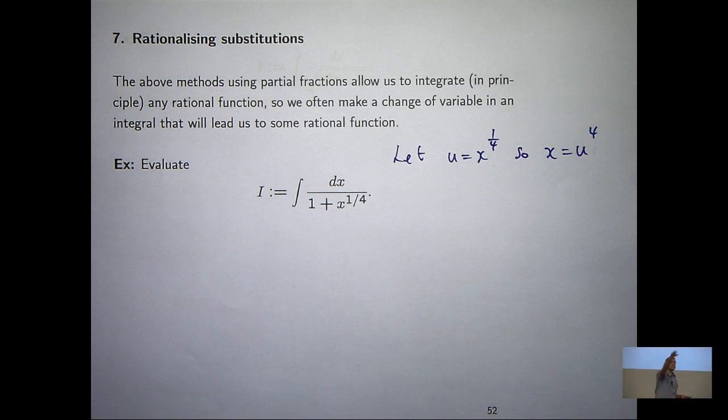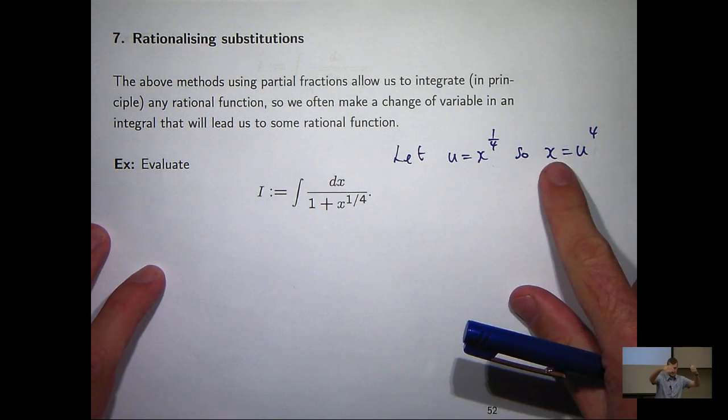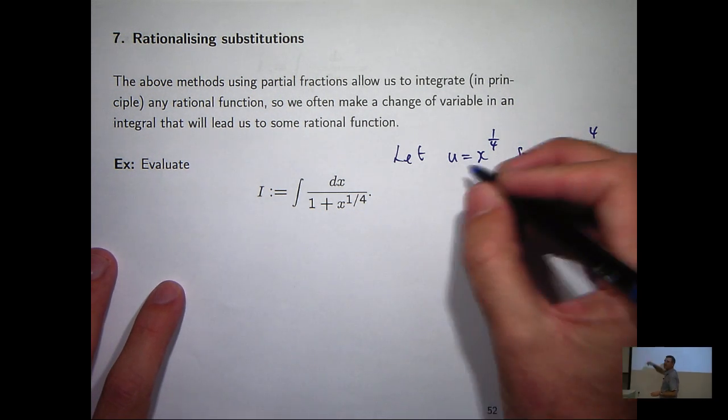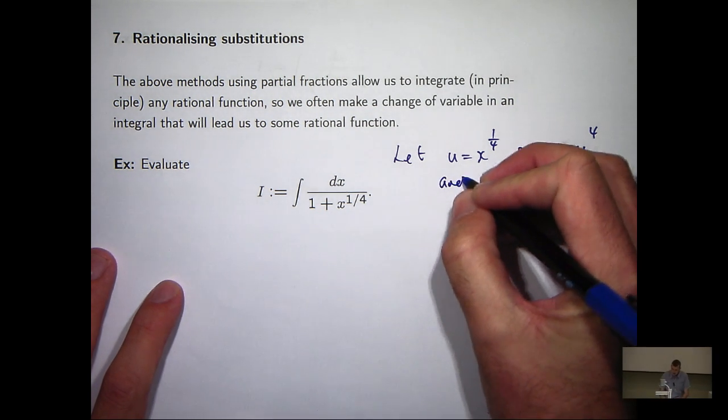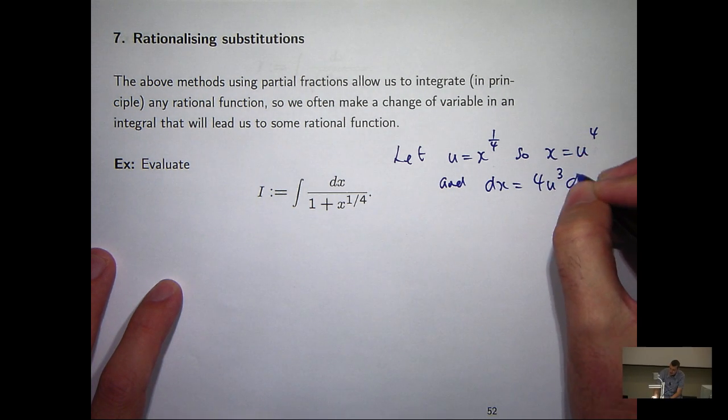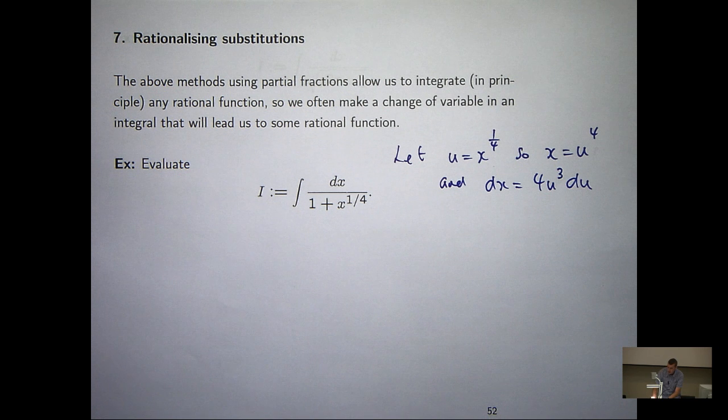So we can do that from this expression. It's going to be 4u cubed du. So now I can take those pieces and substitute them in, and hopefully we'll get something that we can compute.